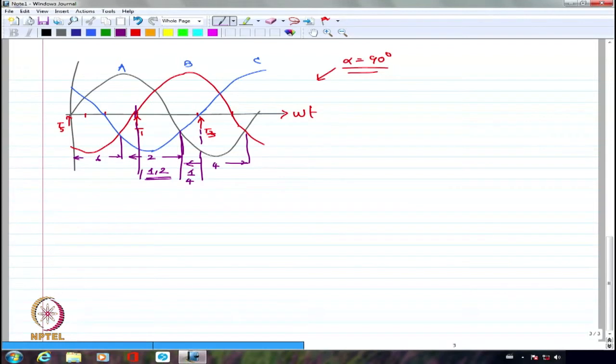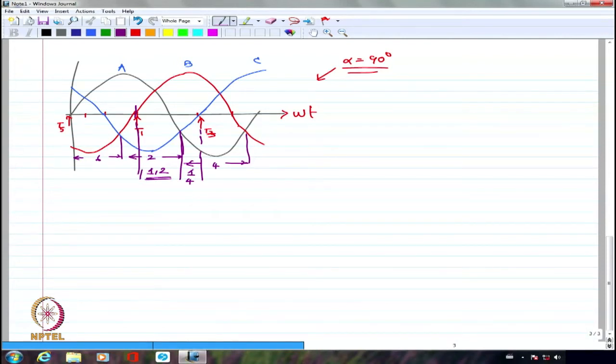Obviously, freewheeling will take place when I have 2 devices in the same leg conducting simultaneously. Right? So the semi-controlled converter will get into freewheeling the moment you have the 2 devices conducting together in the same leg, because one of them is a diode. You don't have control over preventing its conduction.